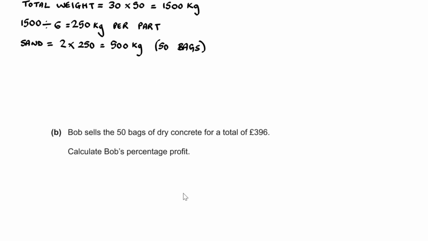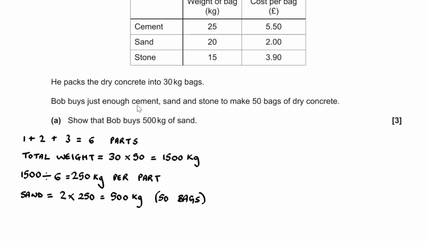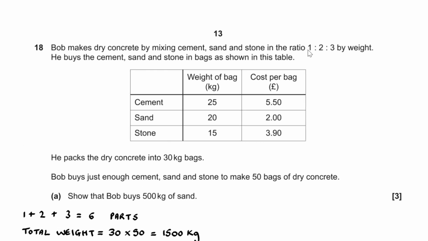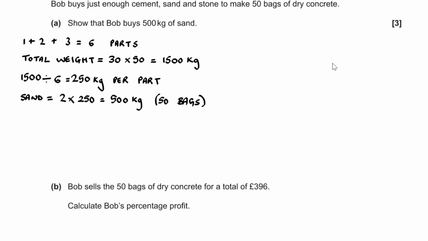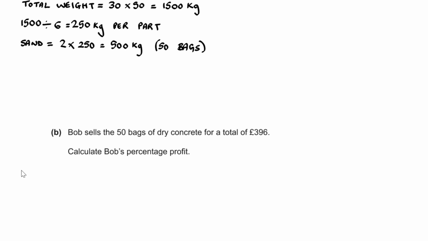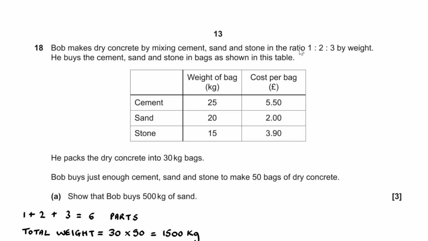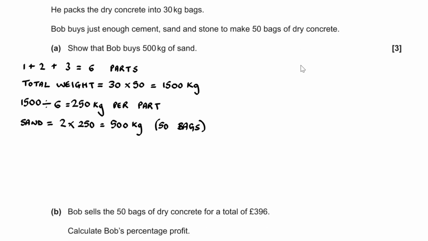Now for part B, Bob sells the 50 bags of dry concrete for a total of £396. We have to calculate Bob's percentage profit. Well, if we go back, what we can do is find out how much cement and stone we also need. So for cement, you can see here for cement we've got 1 part.